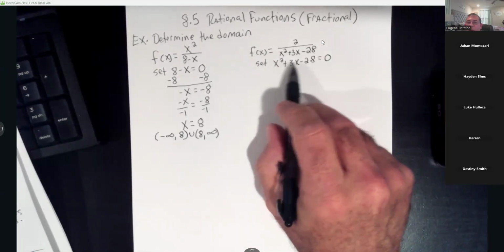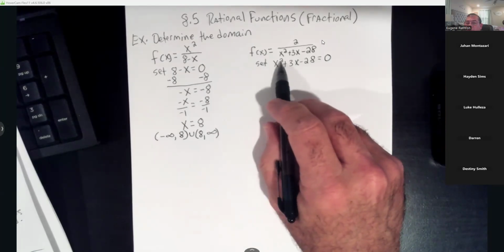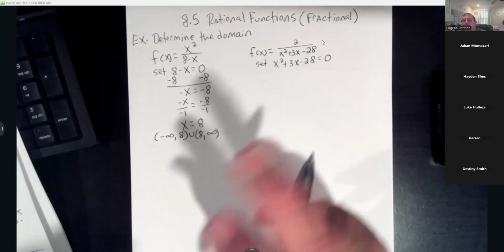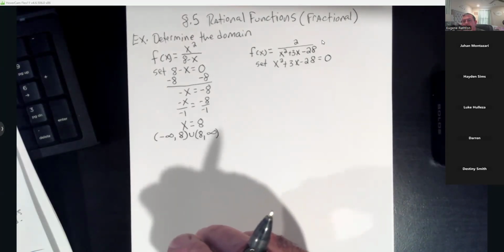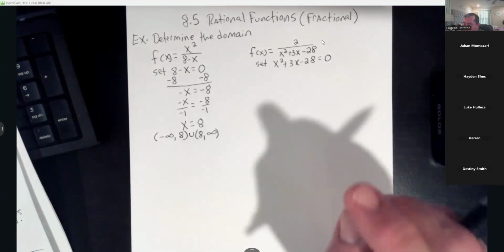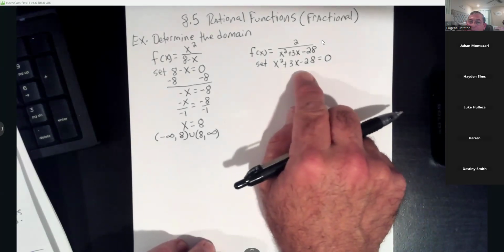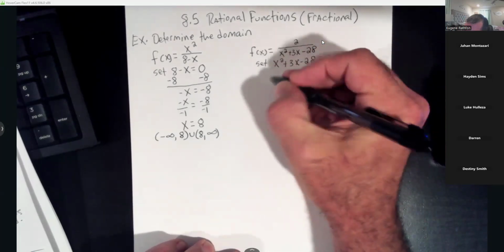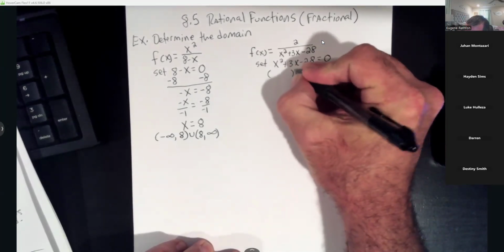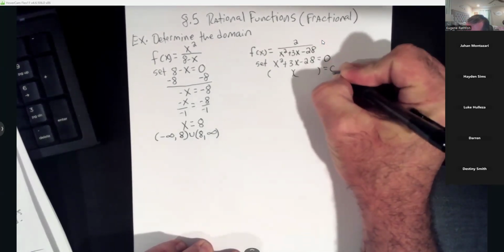And y'all, since this is a trinomial and it's quadratic, since I got an x squared in it, you could solve it by quadratic formula or factoring. So I'm going to factor it, but you could get your two answers using the quadratic formula, okay? I like factoring.